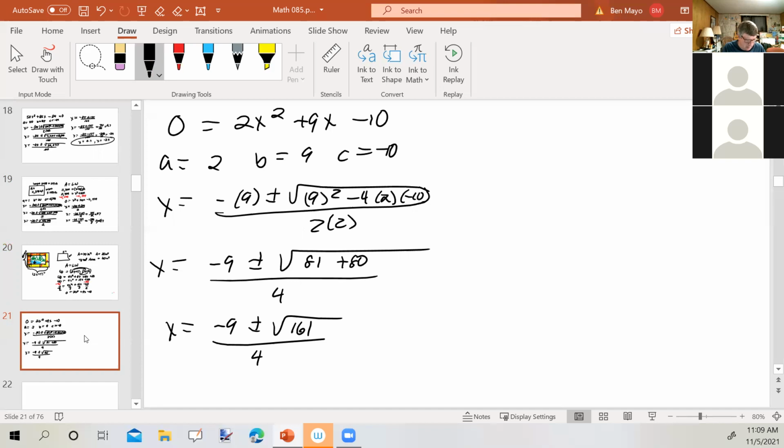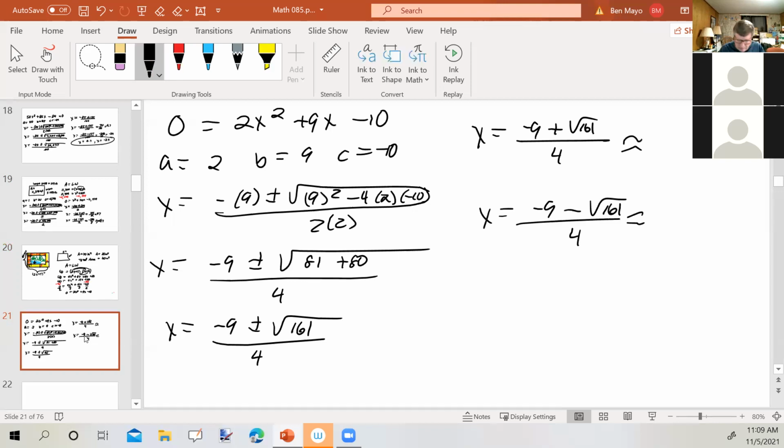Let's see, the square root of 161 is not nice. So x equals negative 9 plus the square root of 161 all over 4. x equals negative 9 minus the square root of 161 all over 4. And let's see here. So parentheses, negative 9 plus the square root of 161, close that up, divided by 4.